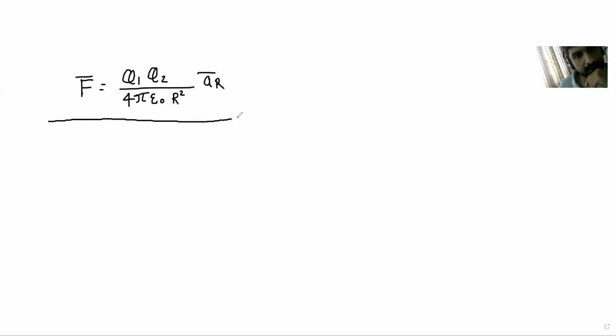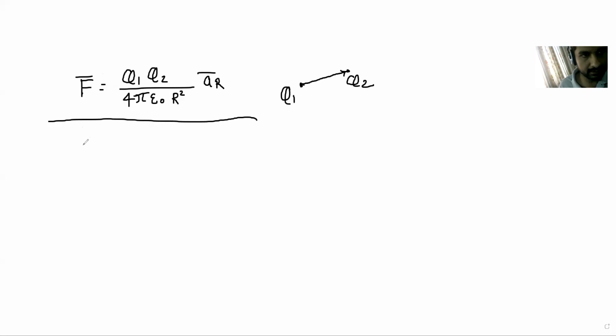Force F bar is equal to Q1 Q2 upon 4 pi epsilon naught R square A bar R. This is the general mathematical expression for Coulomb's law. This is true for two charges, Q1 and Q2, so for those two charges we can write this as the force between them.